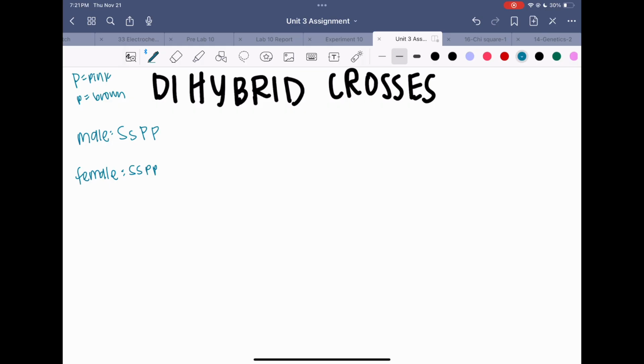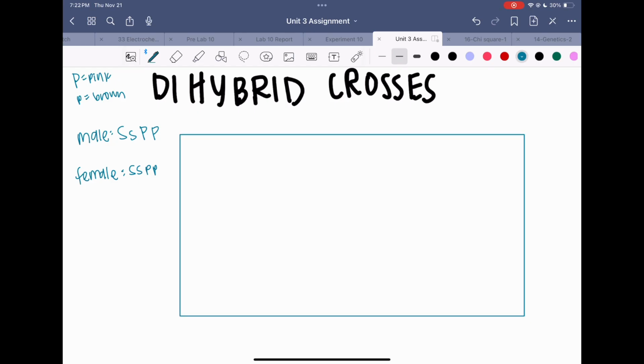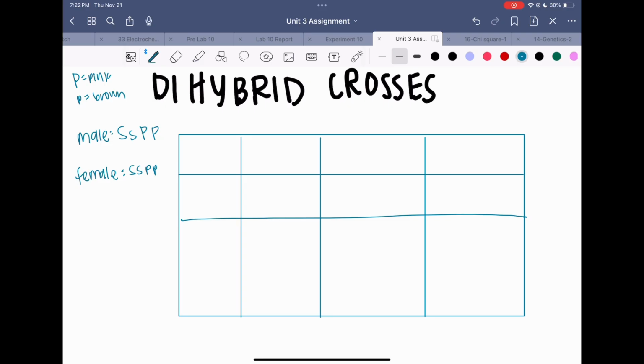So now when we cross these 2, it's going to get a little more complicated. So we're going to have 4 boxes across and 4 going down. So we're going to have 16 boxes. These are not equal, so don't judge my drawing skills, please.